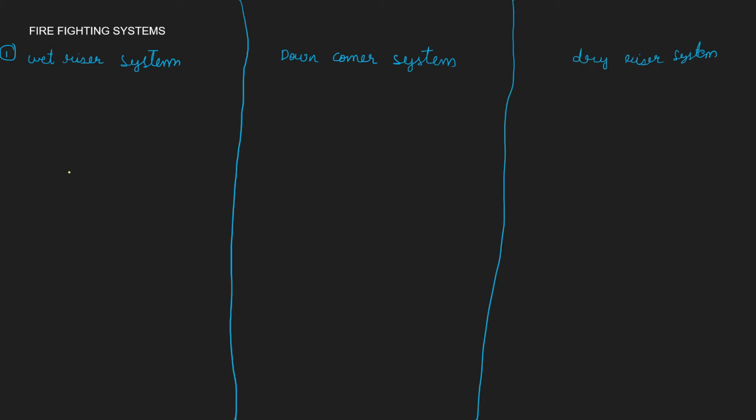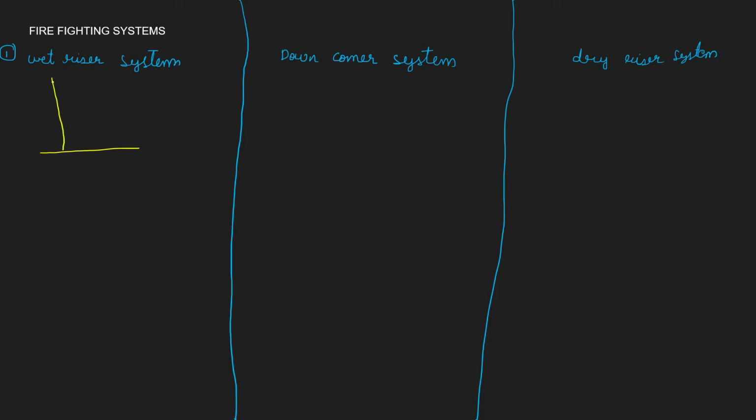In fire extinguishing, we have firefighting systems that are mainly of 3 types. First is the wet riser system, downcomer system, and dry riser system. I'll try to explain with the help of a diagram.